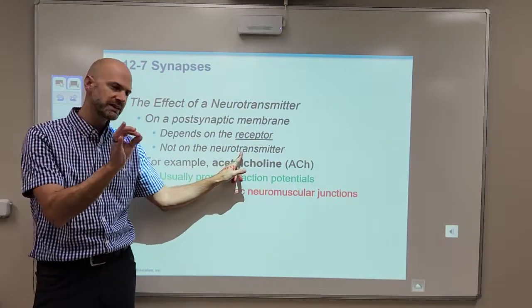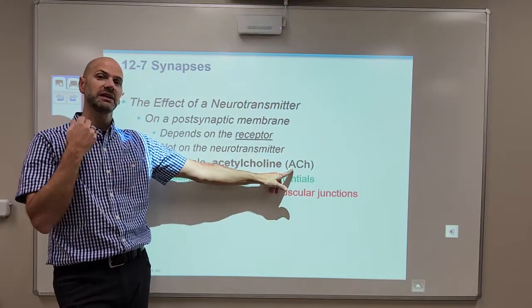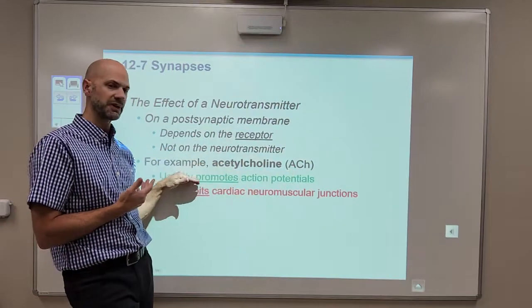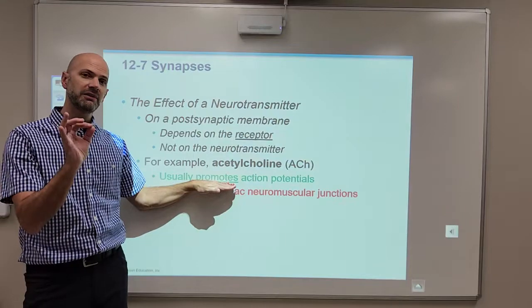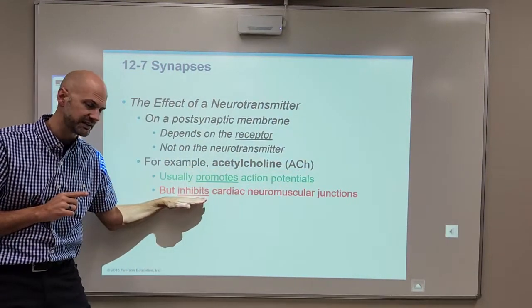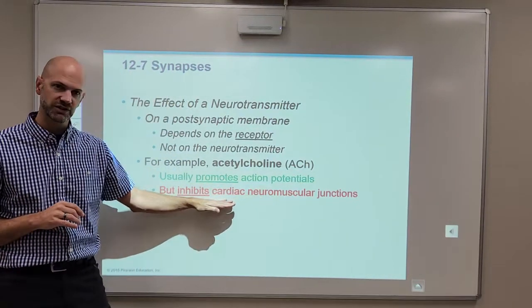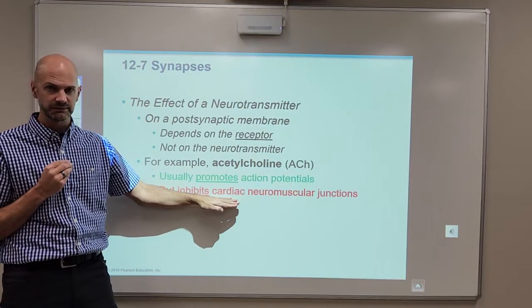For example, we typically associate acetylcholine with an excitatory response because that's what we see in skeletal muscle. It is excitatory. Green means go, so it's promoting an action potential. However, in some cases, acetylcholine can have an inhibitory effect because the receptor it binds in special junctions in the cardiac tissue has an inhibitory role.